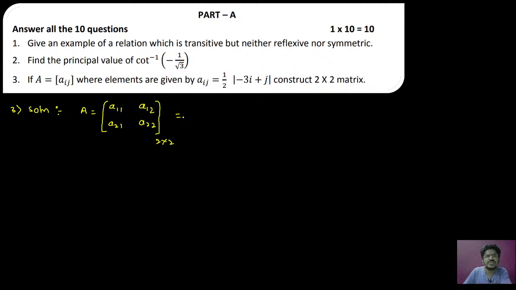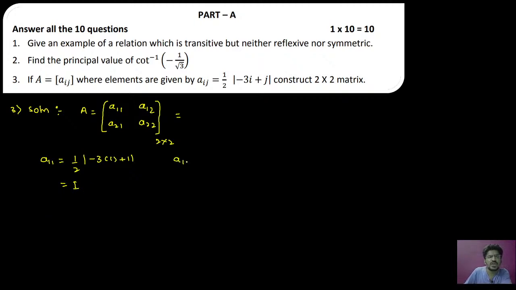Now this will be equal to, you can find A11. What will be A11? 1 by 2 into mod of minus 3 into 1 plus 1. So you simplify this, minus 3 plus 1 will be minus 2. Mod of minus 2 will be plus 2. 2 will get cancelled. You will get 1. Okay.